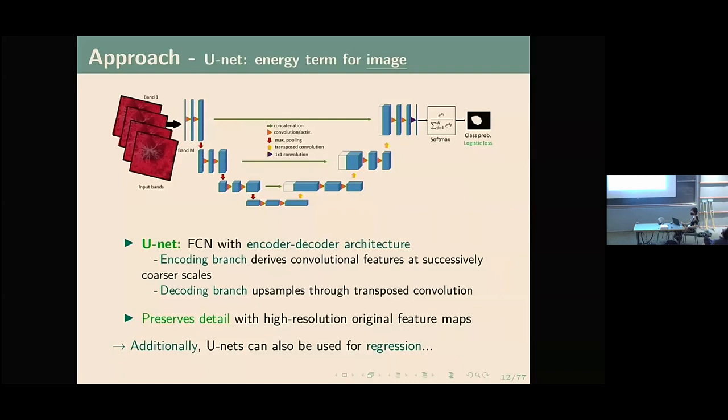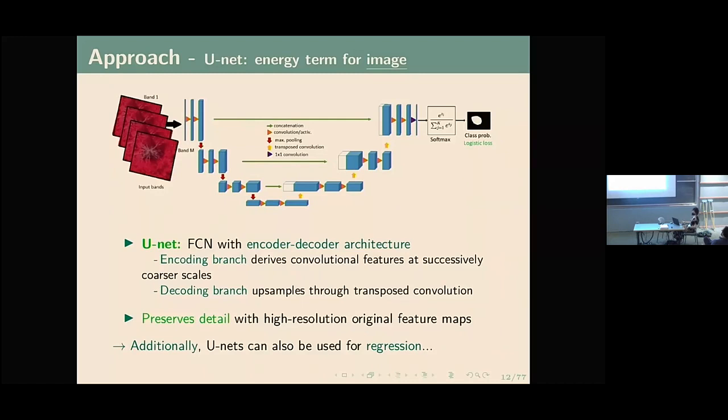And the upsampling or decoding path employs transposed convolutions to reverse the downsampling and eventually get back to the original image resolution. The final upsampled image is fed into a softmax layer with a logistic loss to obtain the class probabilities up here. In our case, we classify the pixels as either background or belonging to a dead tree crown.